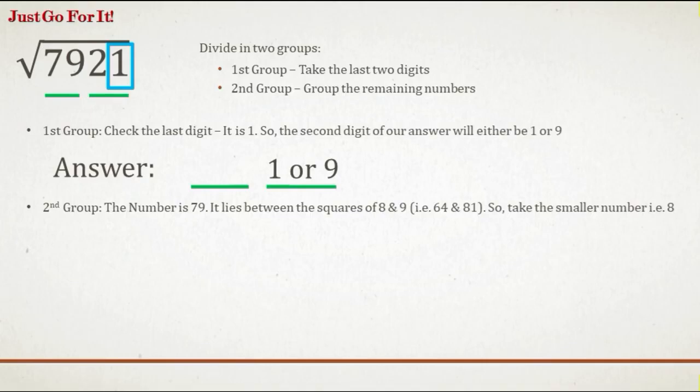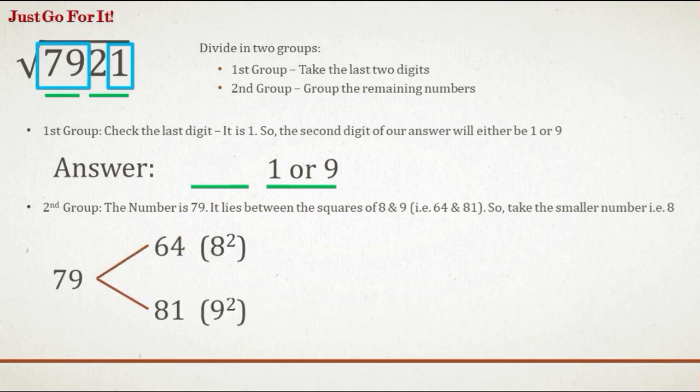Now let's look at the first digit. For this, the group is 79. And we know that 79 lies between the squares of 8 and 9, which is 64 and 81, right?